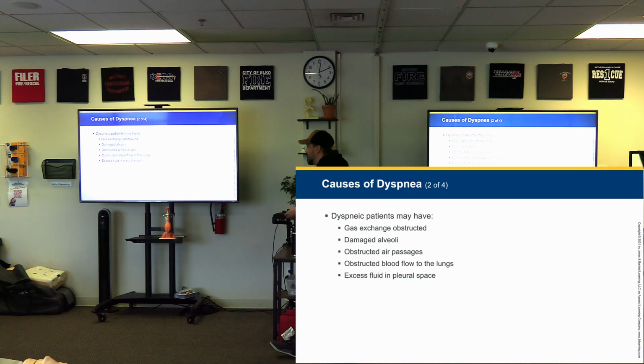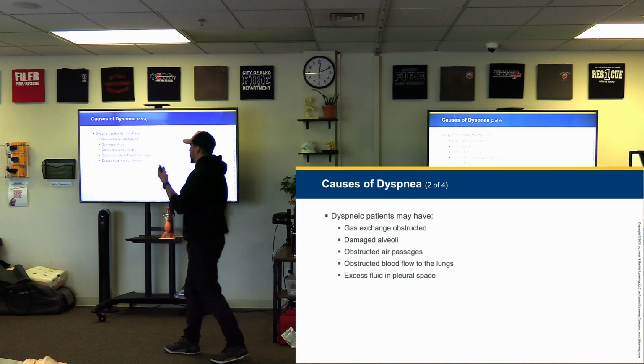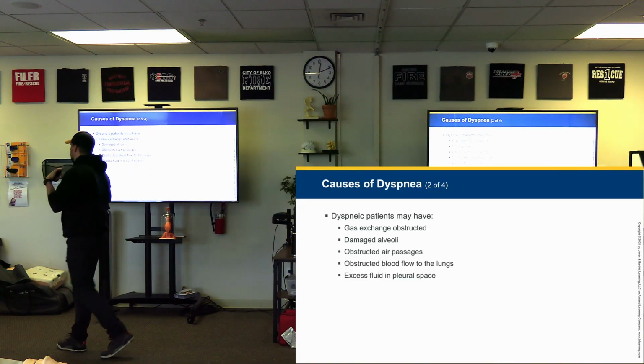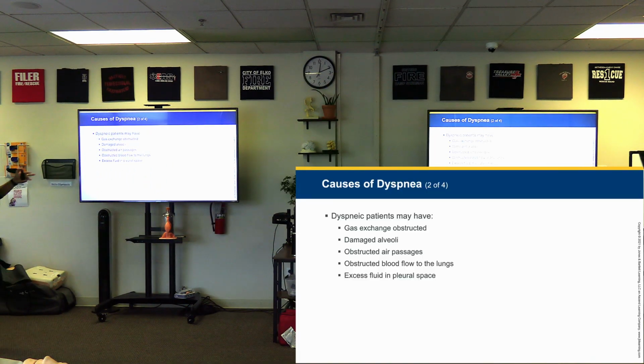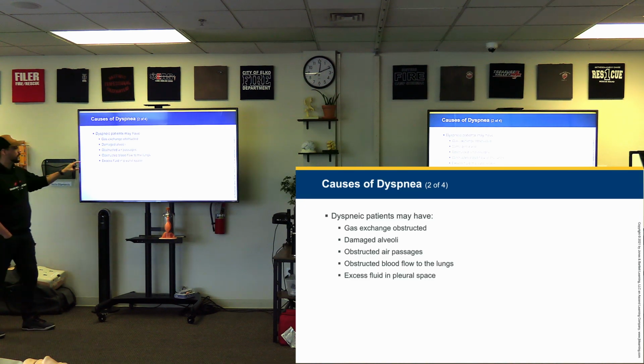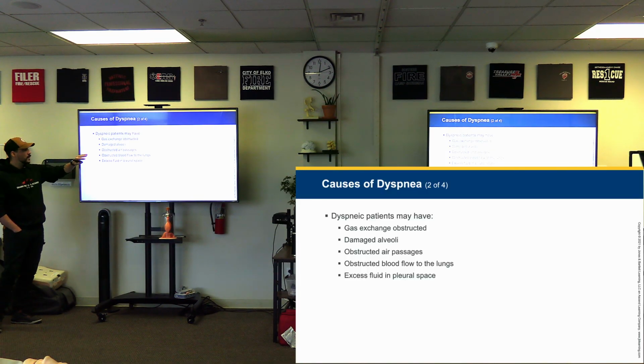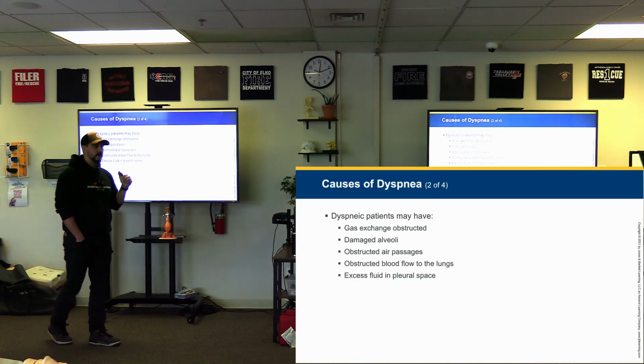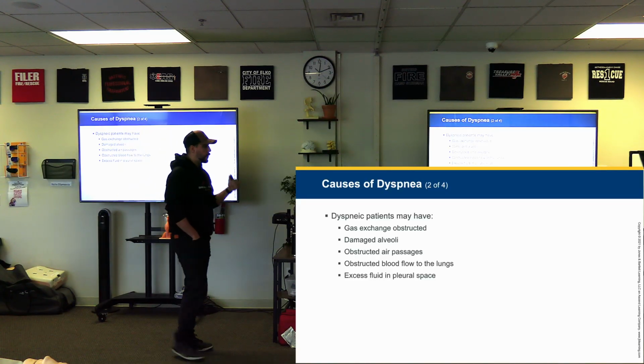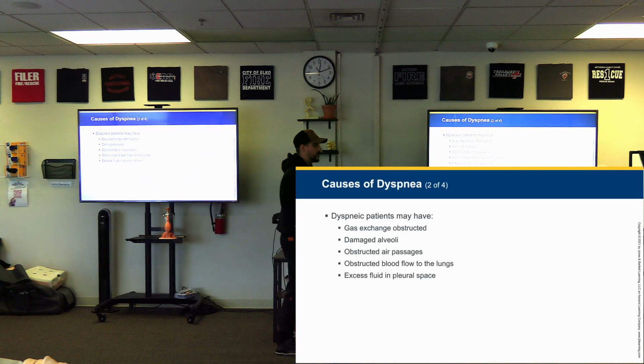Dyspneic patients may have gas exchange obstructed, damaged alveoli, obstructed air passages, obstructed blood flow to the lungs, excessive fluid in the pleural space, being the lungs themselves, or even in the chest around it, but digressing. All of these things, end of the day, will come back to the same problem. Poor oxygenation. With poor oxygenation comes poor perfusion. If there's poor perfusion, the body starts to fail because the cellular demand is not being met.